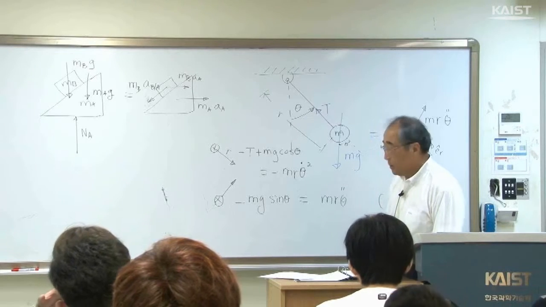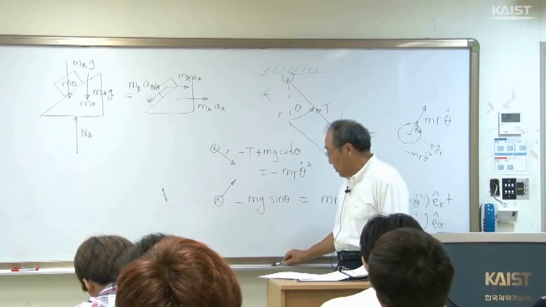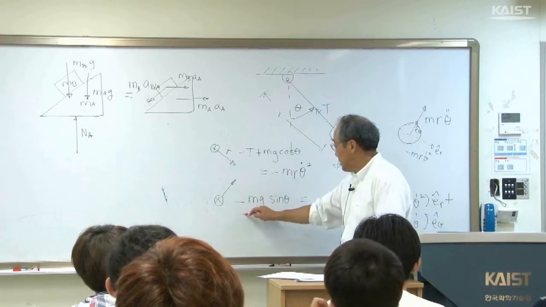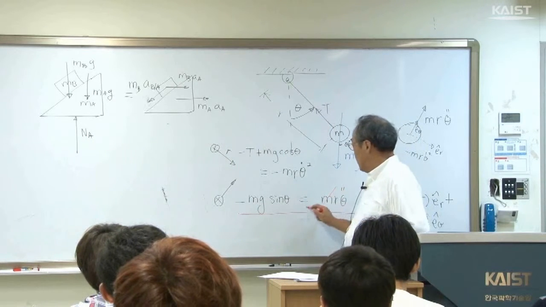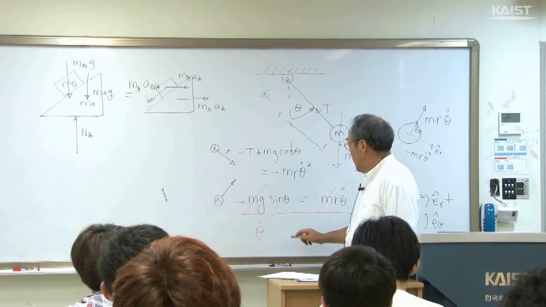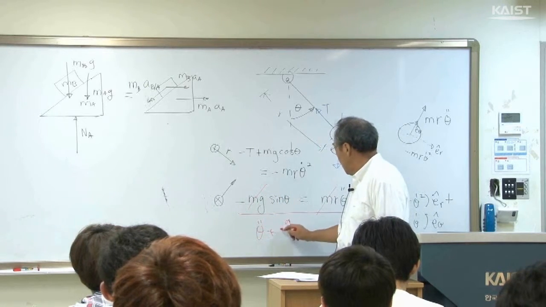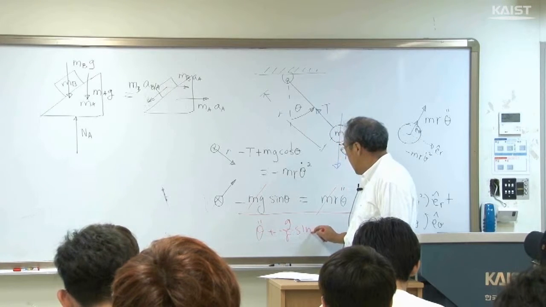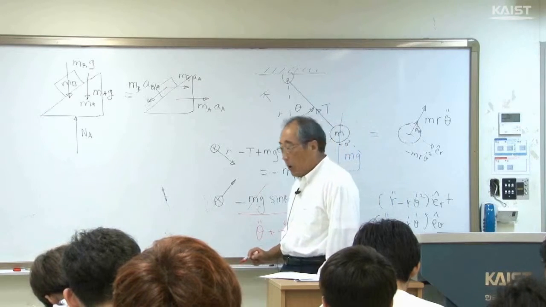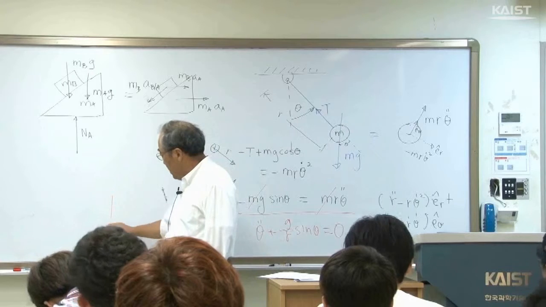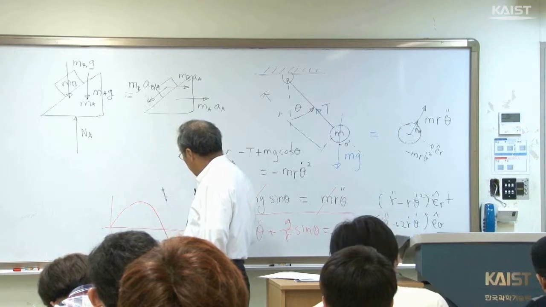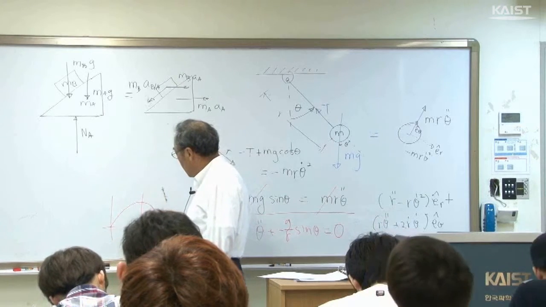Well, that's good. When I look at these two equations carefully, I can find that, oh, this is an interesting equation, because that says theta double dot plus g over r sine theta equals 0. So if theta is small, because sine theta looks like that, and this is pi over 2.